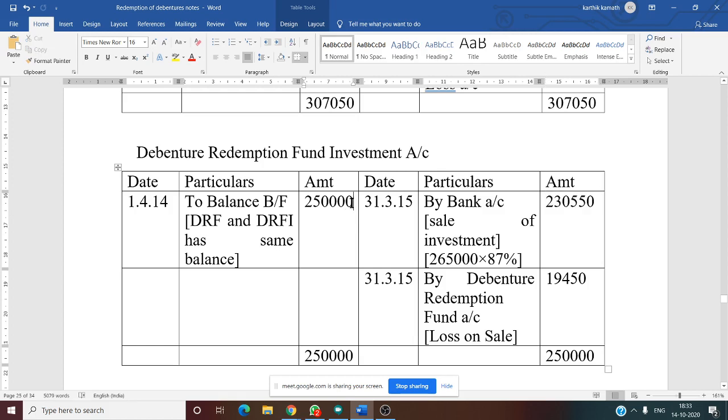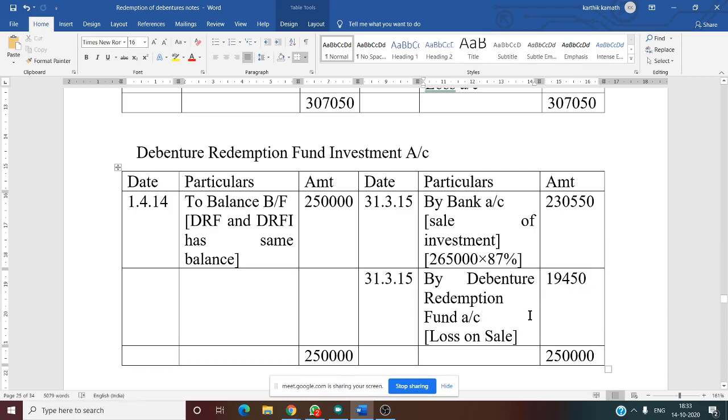The actual amount is 2,50,000. So here the sale is made at a lesser value. Whenever a sale is made at a lesser value than the actual amount, there is a loss. See this. How to find the loss? 2,50,000 minus 2,30,550, and you will get the loss. And if there is a profit or loss, it should be transferred to the debenture redemption fund or sinking fund account.